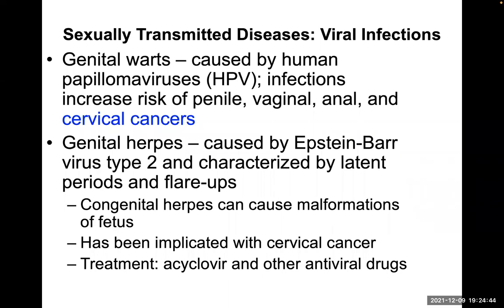Another thing about HPV that makes it somewhat unique is that it is incredibly prevalent. These stats come from maybe 5 years ago, but it's something like 85% of individuals who are sexually active who have had more than one partner have HPV. And males tend to be kind of silent carriers.